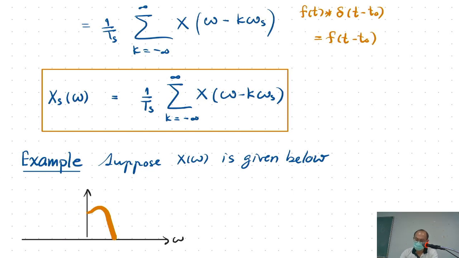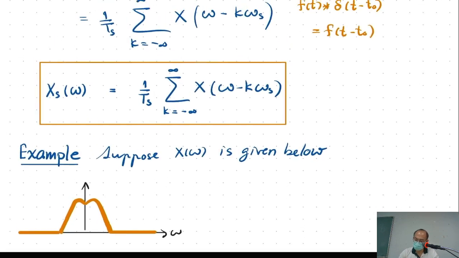Let me draw it again. Sorry. Suppose the spectrum of the signal that we are trying to sample looks like this. Let's mark this one as B, and this is minus B, and 0, and this is A.